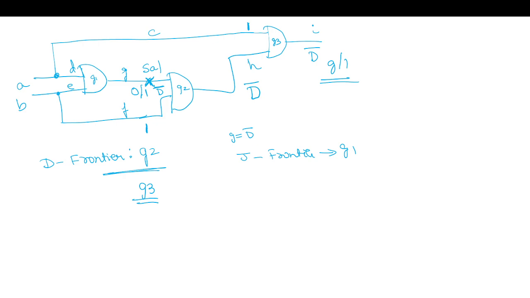Next, we have to do justification. So we backtrack here, it is 1 here and we want a 0 here, so this has to be 0. But you can see a conflict has occurred here. Because of this, there are no other options in the D frontier. This is the only path we had. So this G stuck at 1 is an untestable fault.